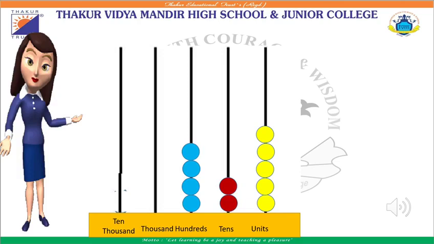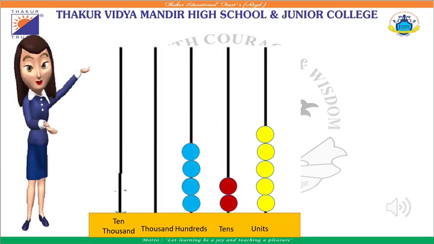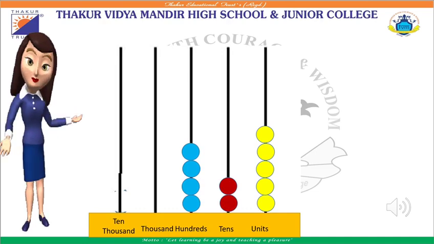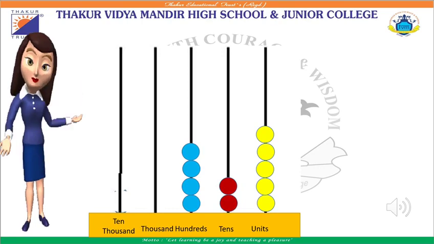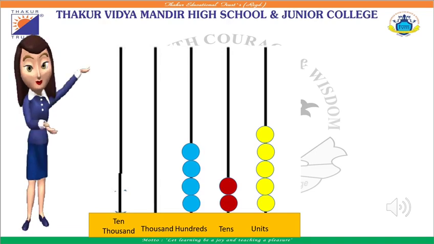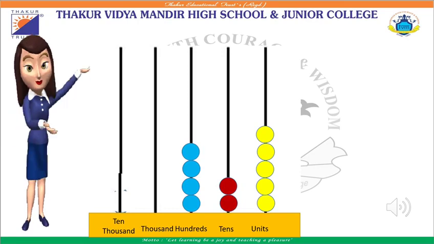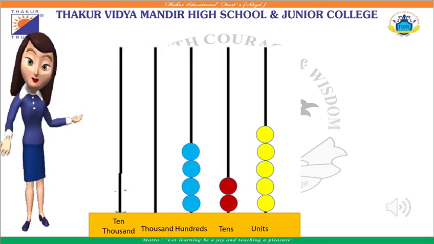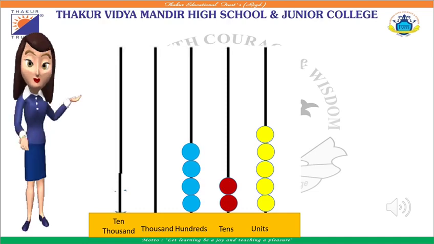Now, can you see an abacus kit on your screen? There are 3 colored balls on the abacus kit. First one is blue, then red balls and yellow balls. The blue balls stand for 100, red stands for tens, and yellow stands for unit. Now, I taught you that you will always start from the leftmost position. So we will start counting.